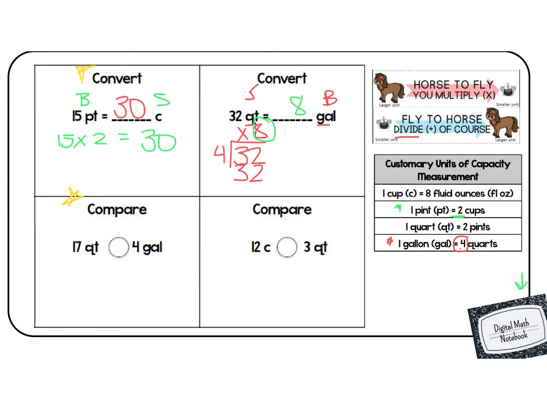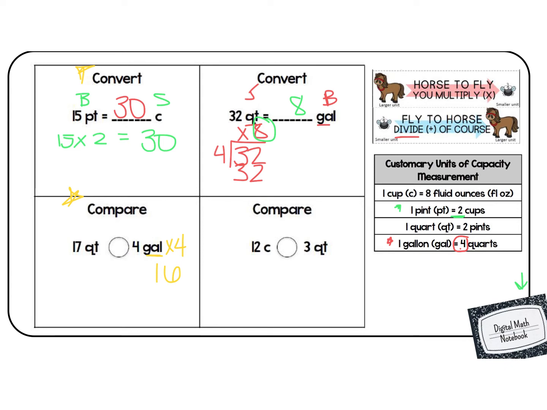So I'm going to change my big thing, gallons, into my small thing, which is quart, so that I get to multiply, because multiplying is easier. So I look and I see that there are 4 quarts in a gallon. So that would mean that I would multiply by 4. So 4 times 4 is 16.